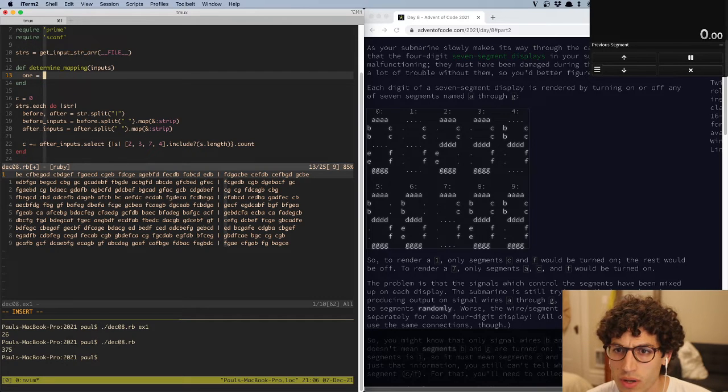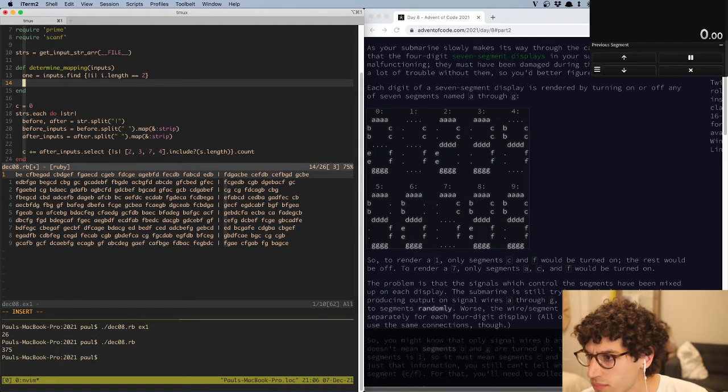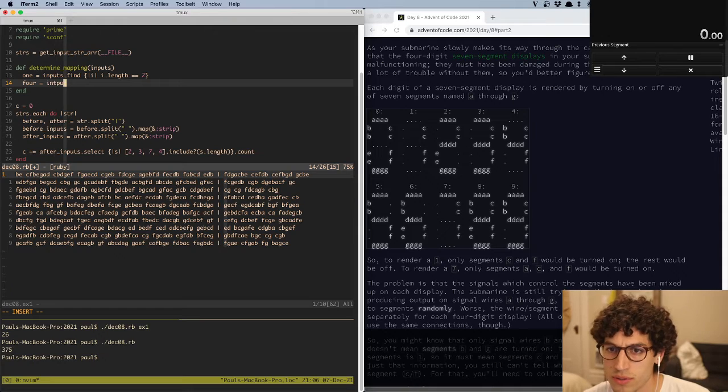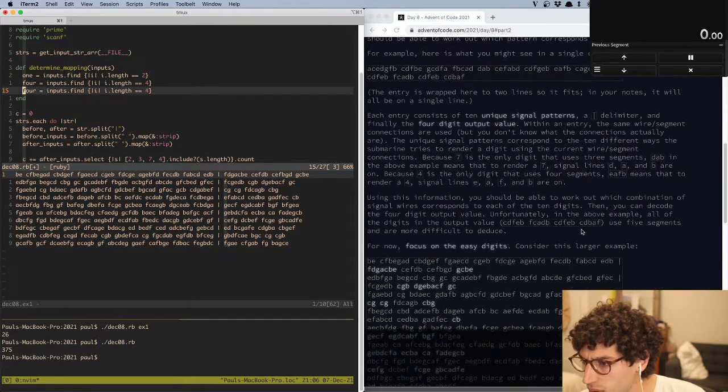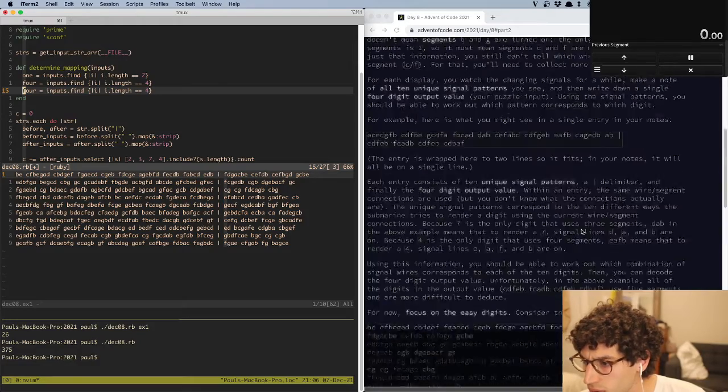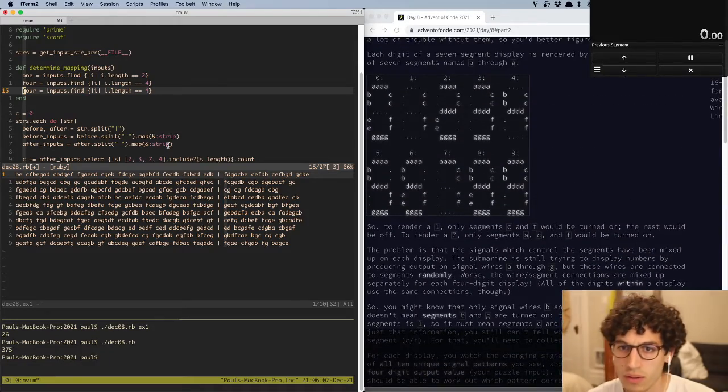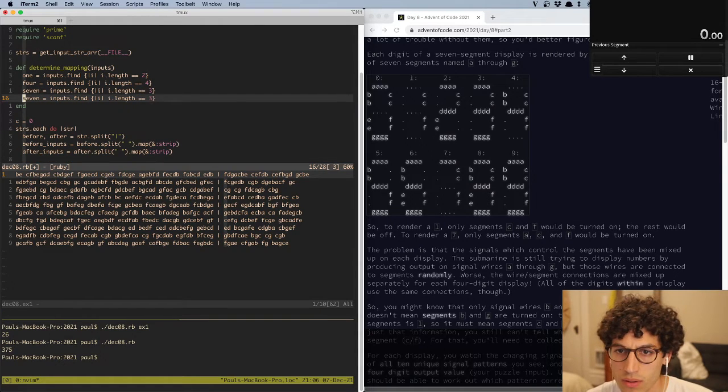Okay. 1 equals inputs.find i.length equals 2. 4 equals the one with length 4. 7 and 8. 8 is 1, 2, 3, 4, 5, 6, 7.